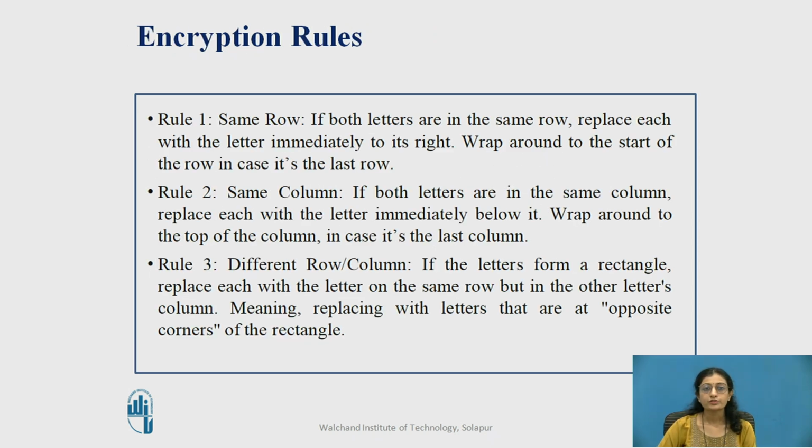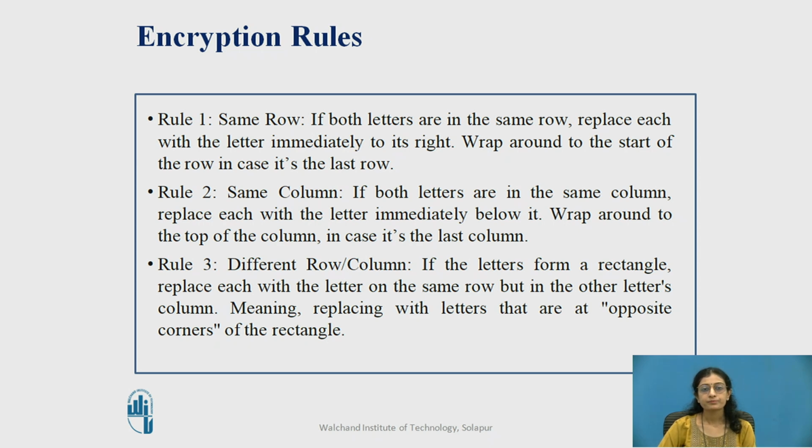Now let's learn about the encryption rules. Rule number 1 says if both the letters of a digraph are in the same row, then we have to replace each with the letter which is immediately to its right. We have to wrap around to the start of the row in case it's the last letter in the row. Rule number 2 says that if both letters are in the same column, then we will have to replace each with the letter immediately below it, and we have to wrap around to the top of the column in case it's the last row.